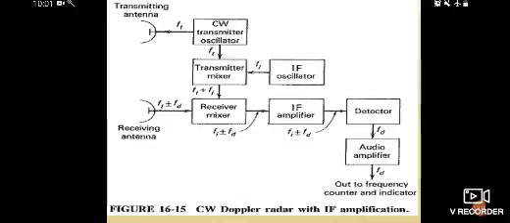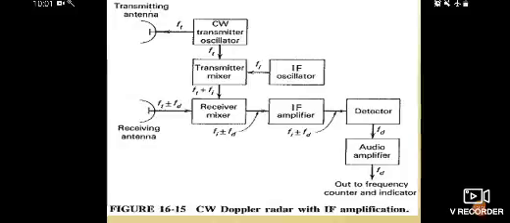The IF amplifier output is demodulated in the detector to produce the Doppler frequency, that is fd, which eliminates the echoes from the stationary targets, and amplifies the Doppler echo signal fd. The amplified Doppler frequency is then displayed as the velocity of the target in kilometers per hour.